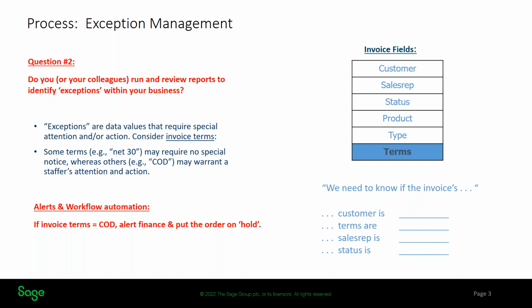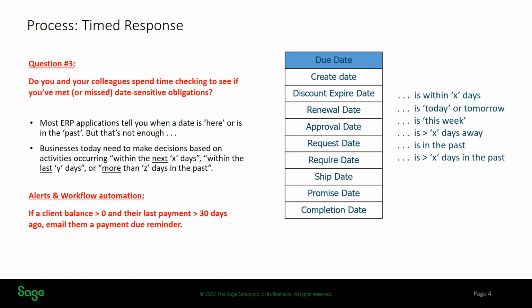So those are some of the exceptions that we can look at as orders flow through the system. So yes, you have people doing it, but it's a great thing to have a backup of having the software watch for those exceptions and notify the appropriate people down the line that this is coming and they should be aware of it. We have time responses.